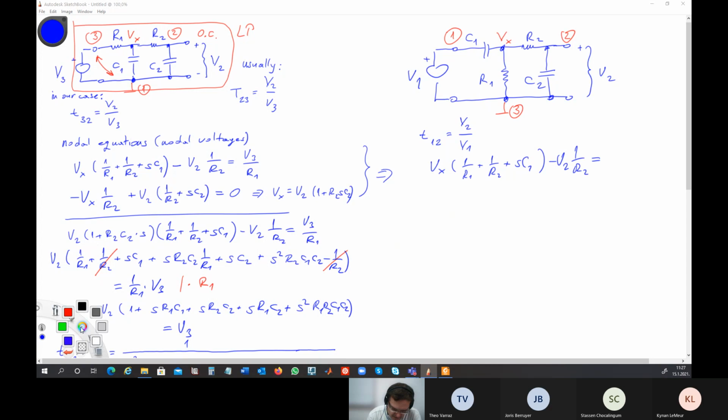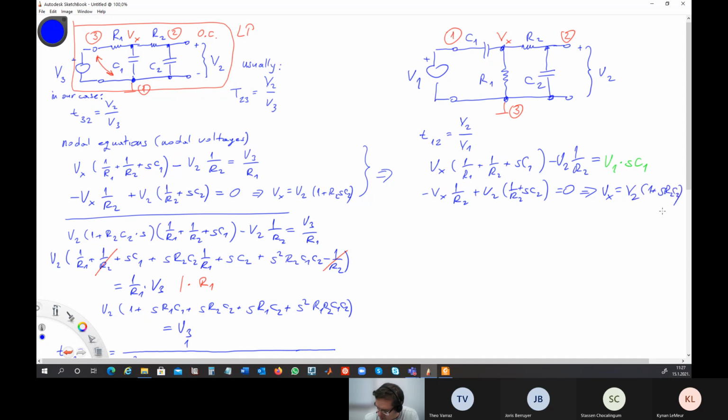But what is new is that we have V1 times SC1. This is the only difference. And for the second equation, we have again minus Vx 1 over R2 plus V2 (1 over R2 plus SC2) is equal to 0. And now we have Vx V2 (1 plus S R2C2).